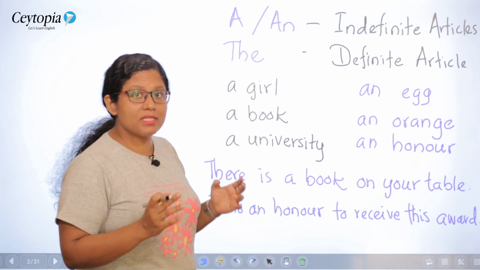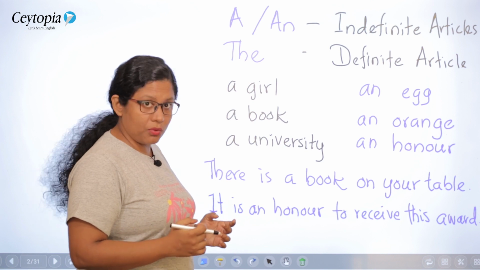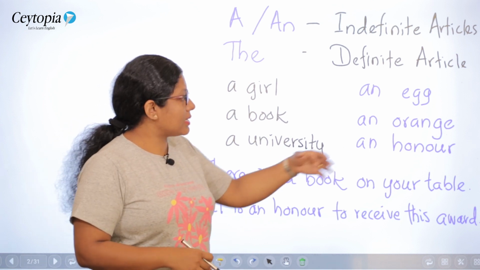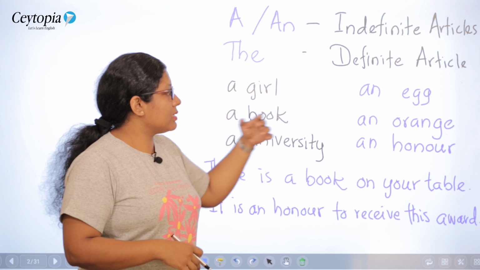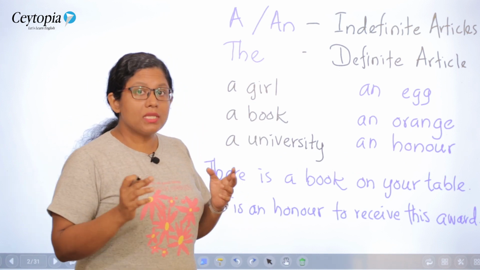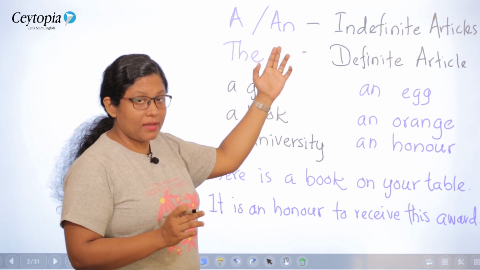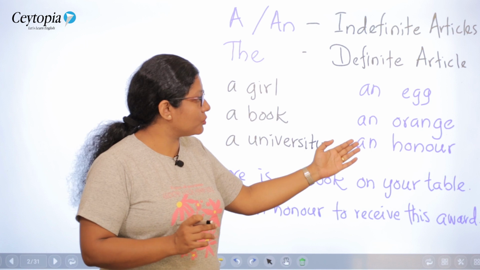You don't have to consider the gender, and you don't have to consider the category, whether it is an abstract noun, whether it is countable or uncountable. But for certain uncountable nouns, you don't use a and an.